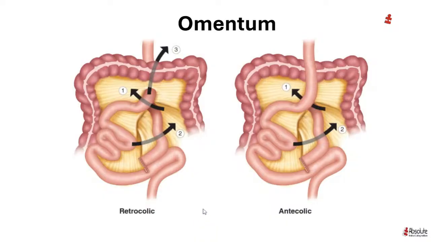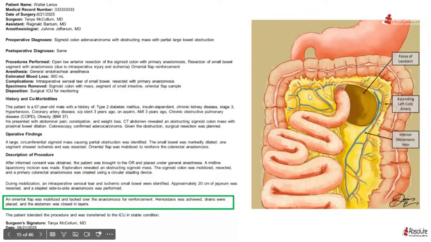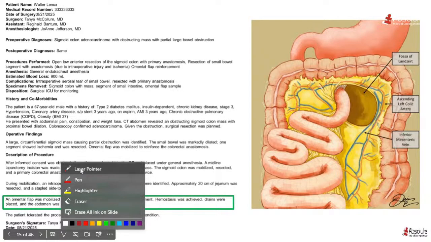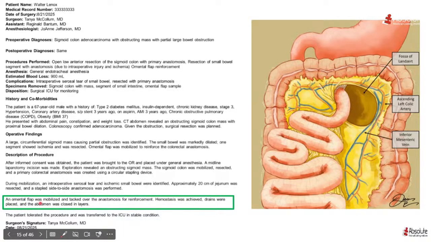Also, they talked about that omentum. They use the omentum as a flap. And what is omentum? Well, that's the fatty tissue that's located between the small and the large bowel. And what they did, well, according to this documentation, the omental flap was mobilized and tacked over the anastomosis for reinforcement.